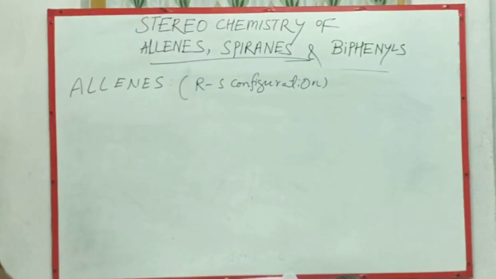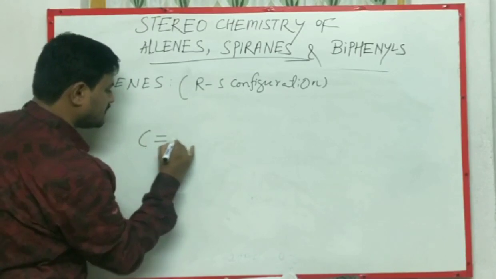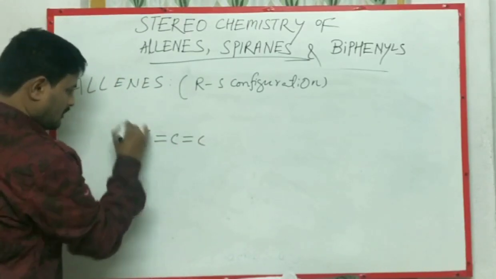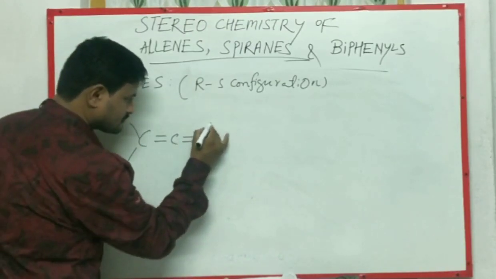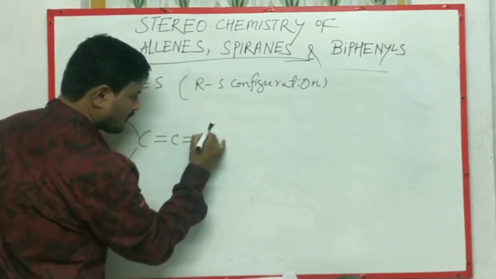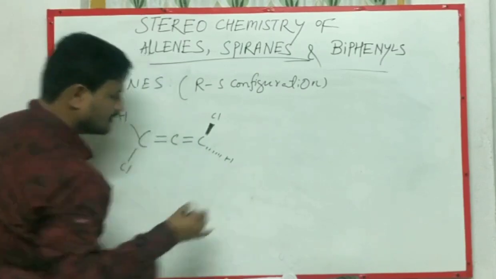RS configuration of allenes. We have to take C double bond C with H and Cl.